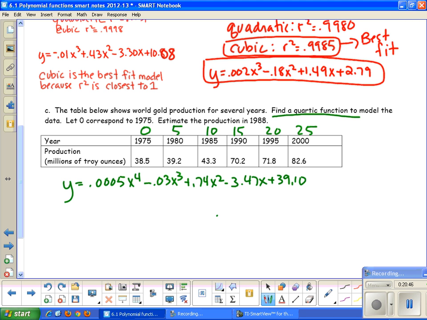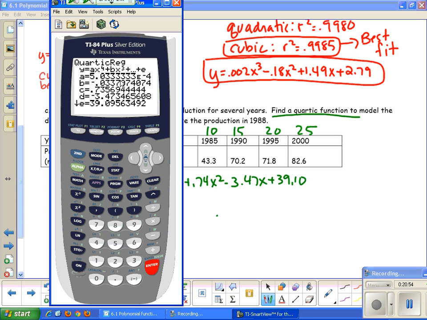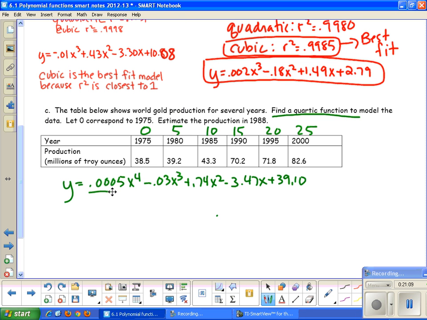If the front starts with a bunch of zeros, I always usually go to the first number, which is why I did that. And if you look at your calculator, notice that it didn't show that, but since it says e to the -4, that's how I know I'm multiplying this by 10 to the -4th power, which means I'm moving this decimal place 4 places to the left, which is where I get that 0.0005 x to the 4th. So make sure you watch out for those, as we saw in the other chapter.